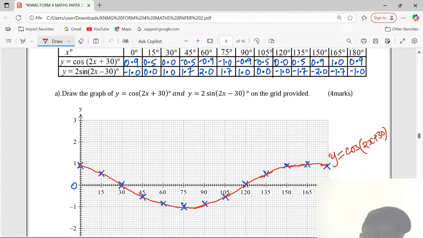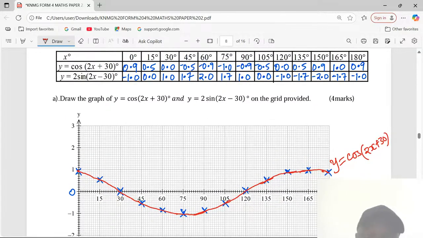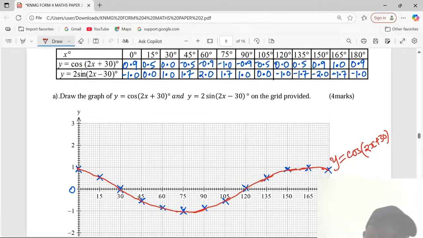The second one, we start again plotting 0, negative 1.